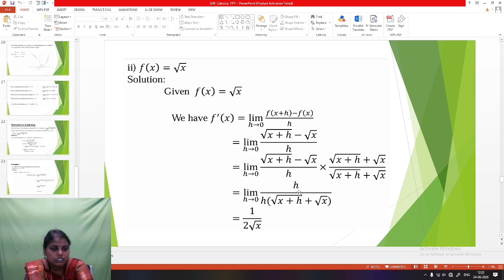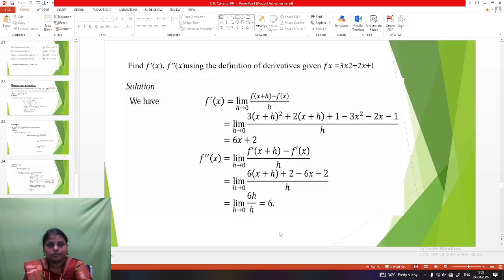Remaining numerator value h, denominator value h into root of x plus h plus root x. Then apply h equal to 0, h cancel. Remaining 1 divided by root x plus root x, which is 2 root x. Answer is 1 divided by 2 root x.